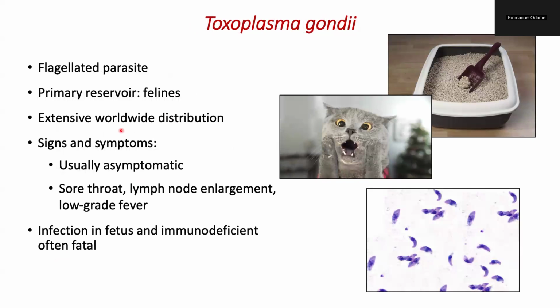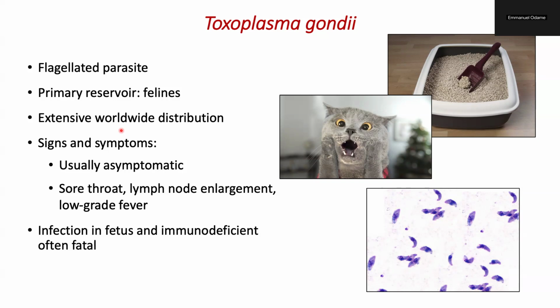So Toxoplasma gondii is basically a flagellated parasite. Their primary reservoir is in felines, basically cats, and they have an extensive worldwide distribution. So people who love cats all around the world might be prone to getting this kind of microorganism infection.